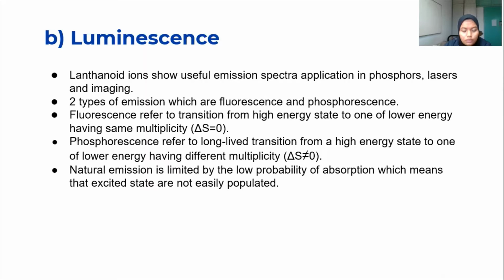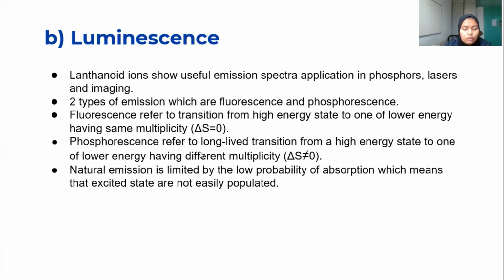So the important key here is that lanthanoids show useful emission spectra applications in phosphors, lasers and imaging. Luminescence also has two types of emission, which are fluorescence and phosphorescence, where fluorescence is a transition from a higher energy state to a lower energy state that has the same multiplicity, which is delta S equal to 0.